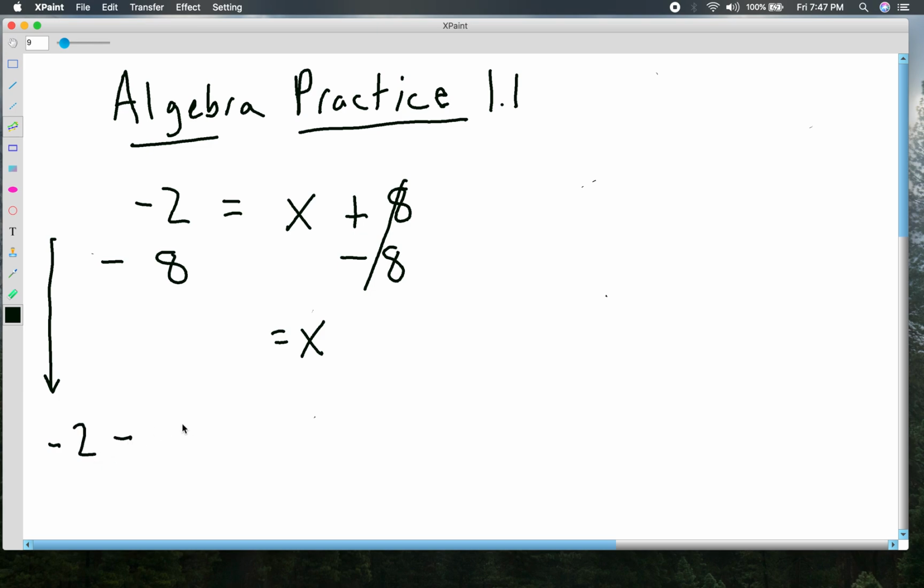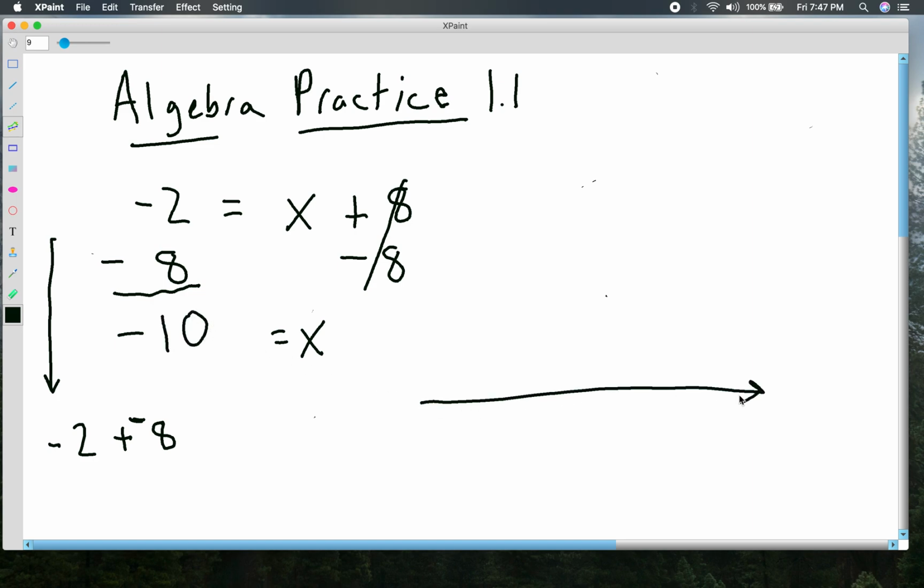Negative 2 minus 8. Now, the rules for subtracting, when you've got something like this, a negative subtracting a positive here, is you have to actually add a negative. So negative 2 minus 8 actually is the same thing as plus negative 8. So this actually gives us negative 10.